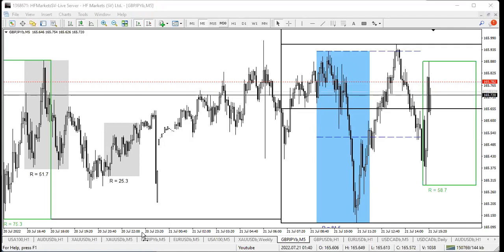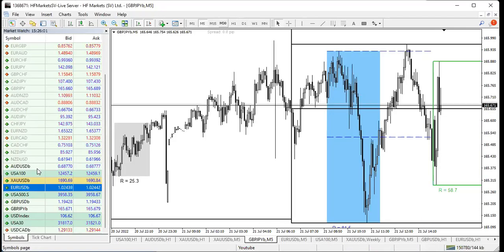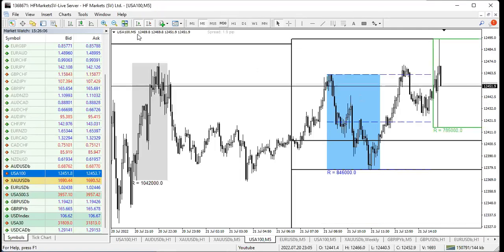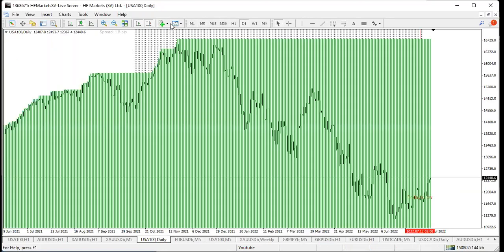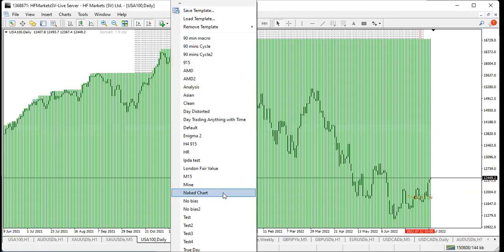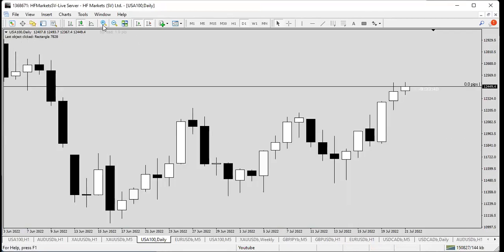NAS should trade to the daily OB before moving up. So for NAS, let's look at the daily chart. Points to focus on for me, for NAS, would have been here.